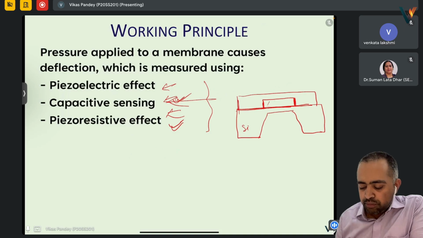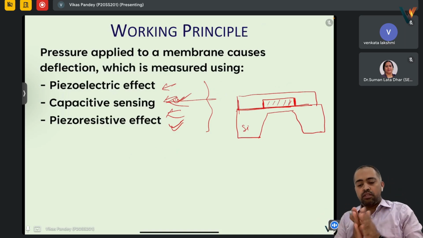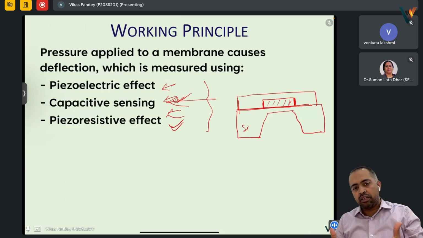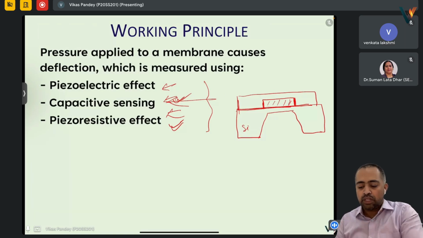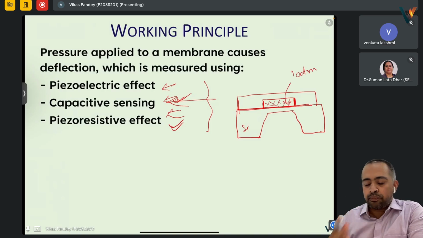So some pressure is trapped here. Let's assume we are doing this at 1 atmospheric pressure. While doing this bonding or sealing, that chamber pressure we are maintaining at 1 atmospheric pressure. So inside it, we have 1 atmospheric pressure already trapped.